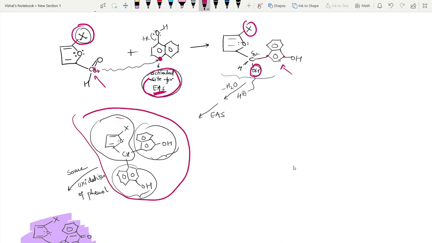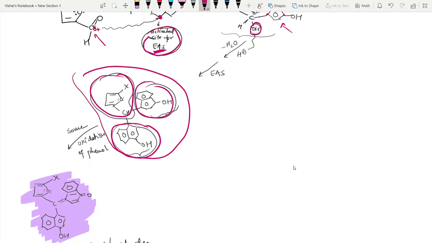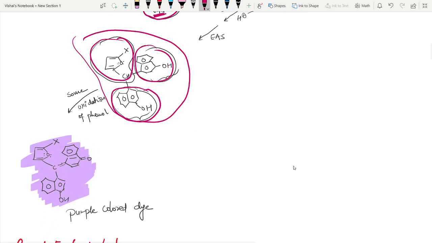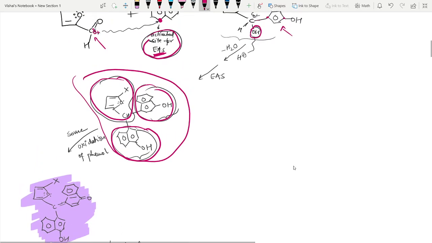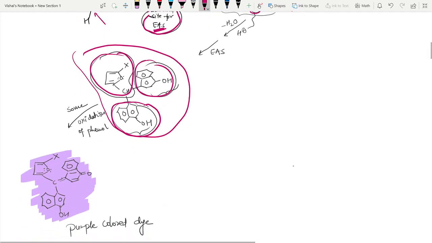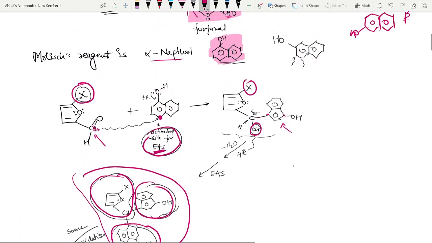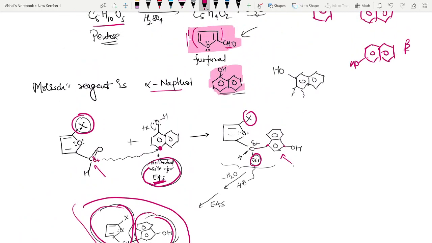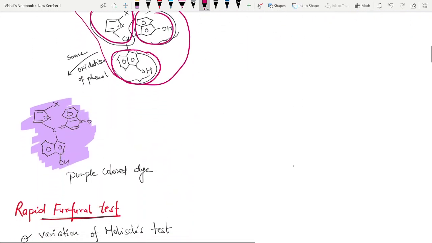So you can see here is the furfural unit and two naphthol units joined together, and then there could be some oxidation, the same kind of oxidation which happens with phenol, which gives benzoquinone, and then you get a purple colored dye like this. So the procedure is interesting, and what you get finally is a purple colored dye. So that's how you identify most of the carbohydrates in the laboratory, by Molisch reagent, by Molisch test.